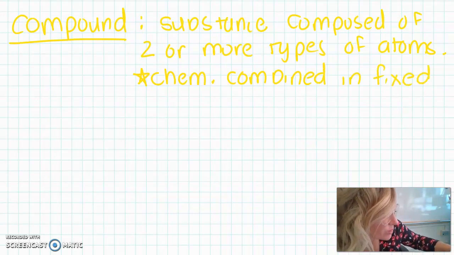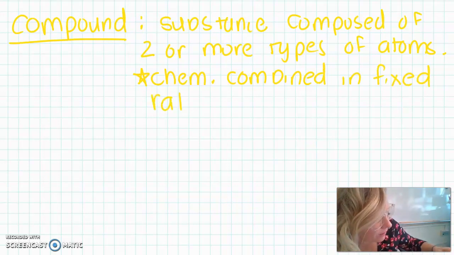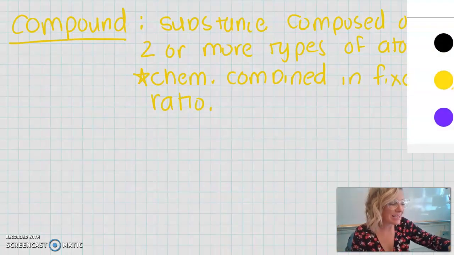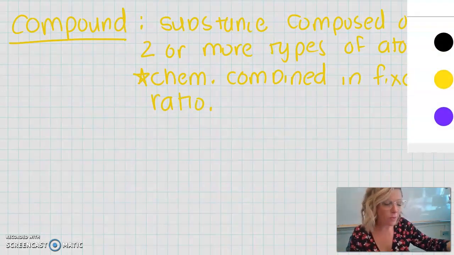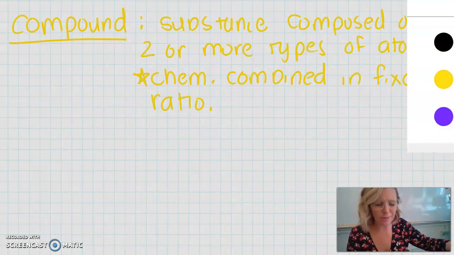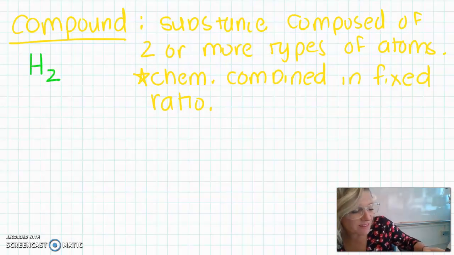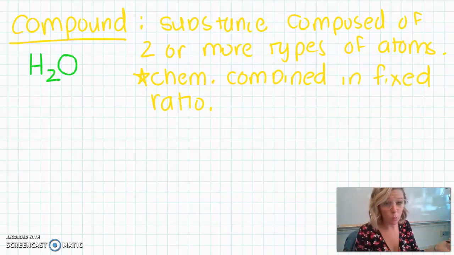That term fixed ratio sounds kind of scary, but it actually just means that every time we have that same compound, they're always combined in the same ratio of atoms. So what do we mean by that? Let's give an example. One compound that we're all familiar with is H2O, or water.